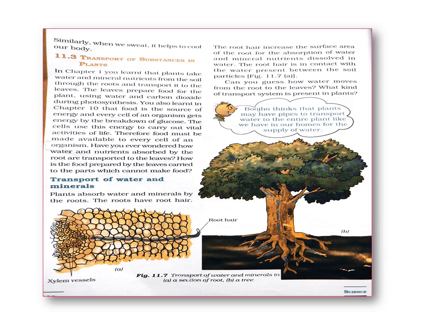Listen children, with the help of the xylem, the water and nutrients are transported in the plant. That is the answer to the first question. How are the water and nutrients absorbed by the plant transported to the leaves? Through the xylem. With the help of the vascular tissue xylem, the transport of water and nutrients in the plant happens.